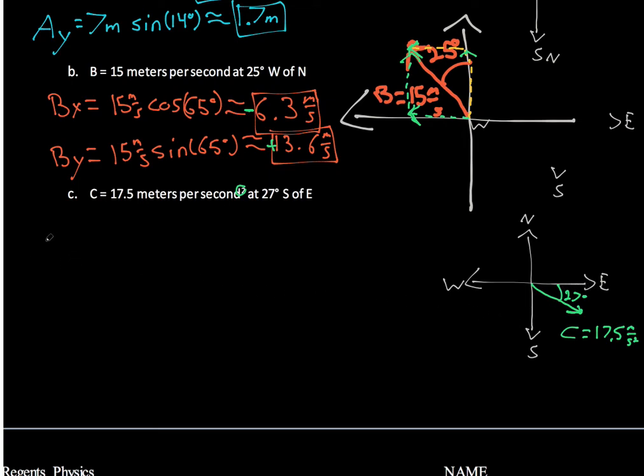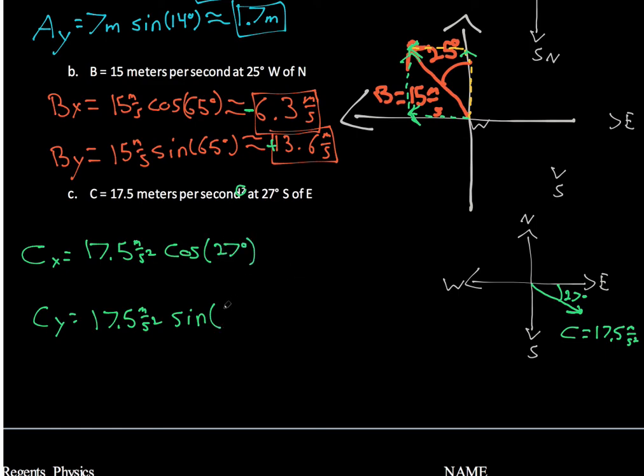So let's find the components of that. Cx and cy both are going to start with the magnitude, 17.5 meters per second squared. For the x, we're going to do cosine. For the y, we're going to do sine. And the angle is our 27 degrees.